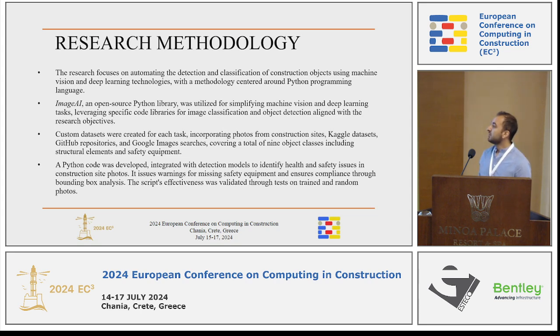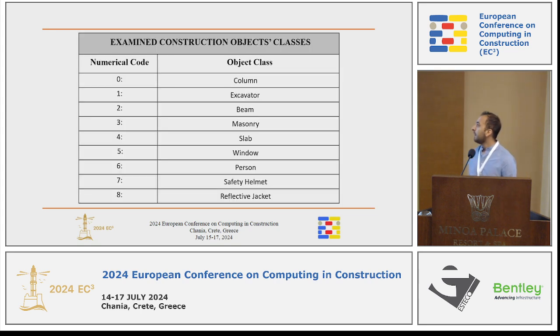Additionally, custom datasets were created incorporating photos from construction sites, Kaggle datasets, GitHub repositories, and Google image searches. And the Python code was developed integrated with detection models to identify health and safety issues in construction site photos through the assurance of compliance of each human figure with its corresponding safety measures.